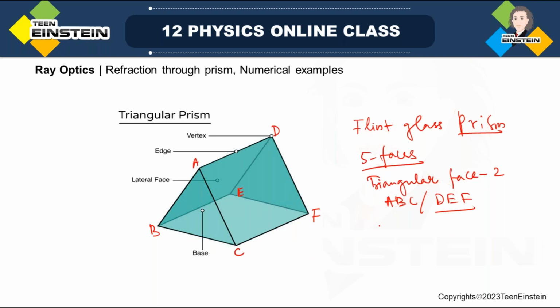Then 3 plane faces are there. One is ABED, this slanted face. Another face is ACFD, this one. And then the face BCEF.